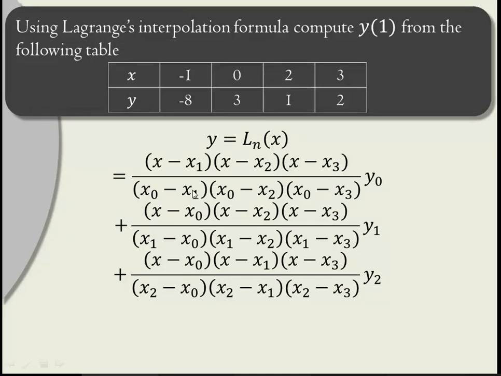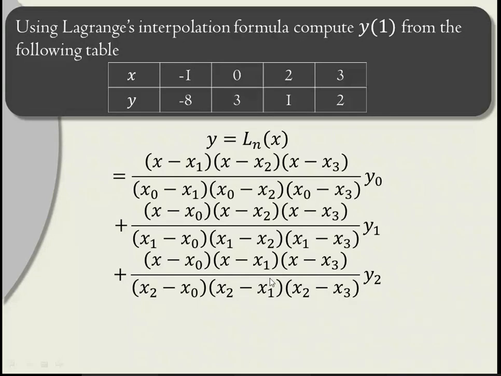X naught minus x1, x naught minus x2, x naught minus x3 into first value of y, that is y naught, plus, except second term, take the subtraction of all x from x. So x minus x naught, x minus x2, x minus x3 divided by, now take the subtraction of second value with all rest of the values of x. x1 minus x naught, x1 minus x2, x1 minus x3 into second value.